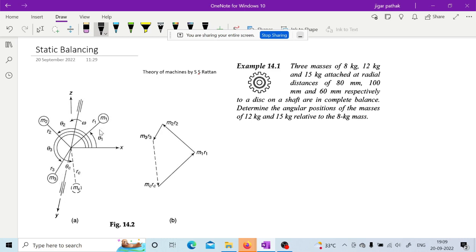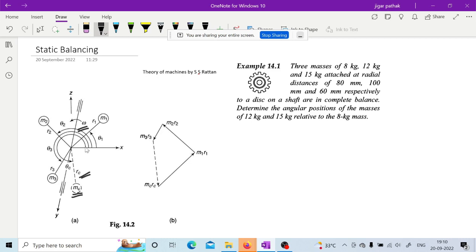So if you are having these unbalanced masses rotating at the same angular velocity omega, then you need to balance these unbalanced forces by providing a balancing mass at a particular balancing radius. mc and rc represent the balancing mass, and this rc is the balancing radius respectively.